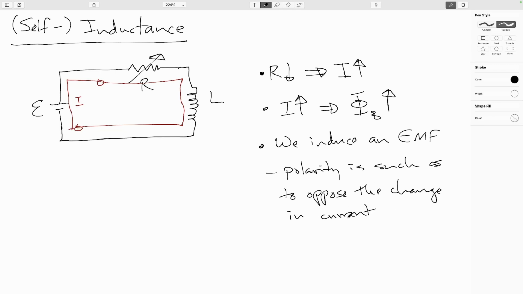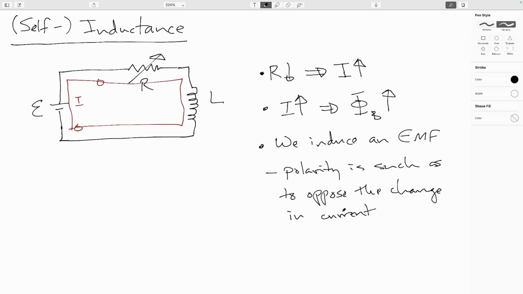If the polarity were the other way, what would happen is as I increased my current, then effectively the inductor would be turning into like another battery, which would increase the current, which would induce more EMF, which would increase the current, and you'd have something that could run forever and do work, which is a perpetual motion machine of the first kind.